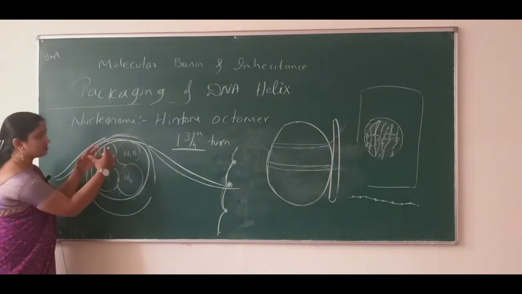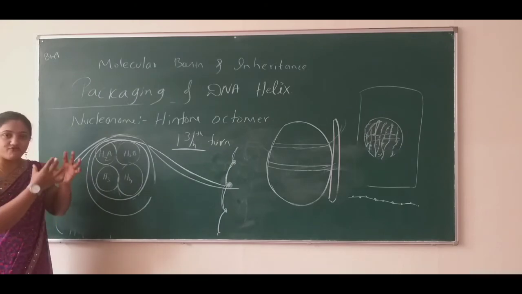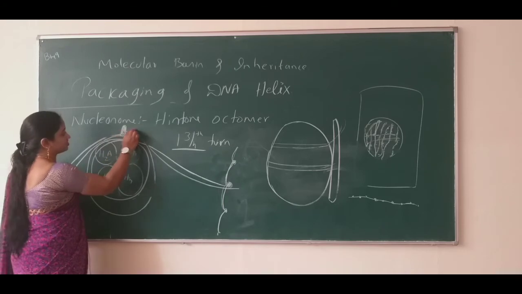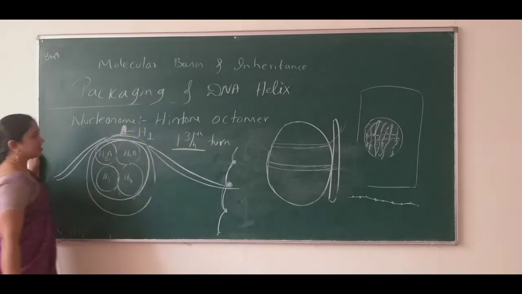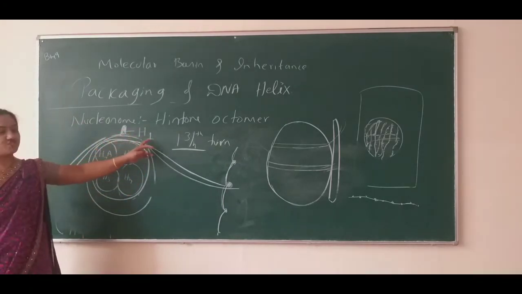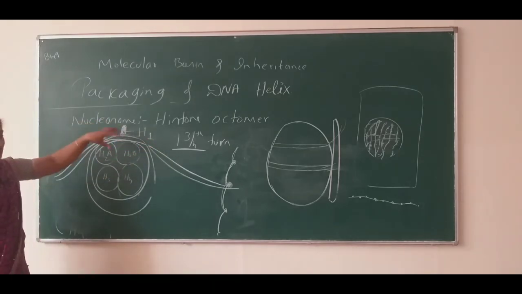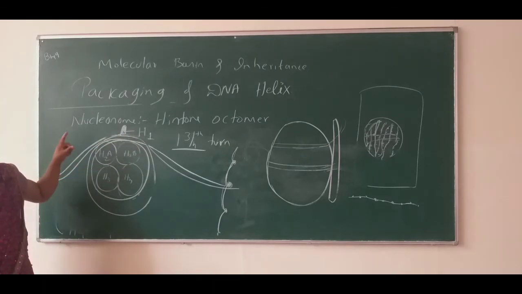To hold the DNA strand firmly, one clamp-like protein is present. That protein is the H1 protein, which holds the DNA strand and the histone octamer.